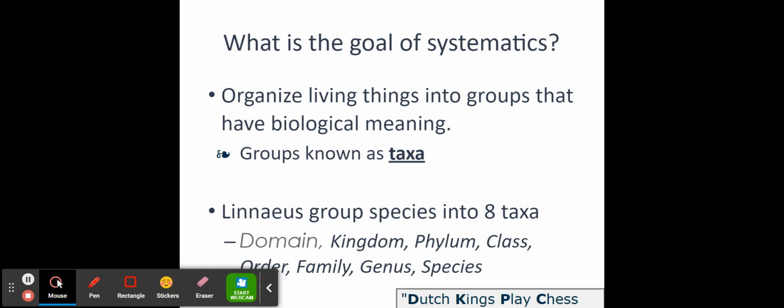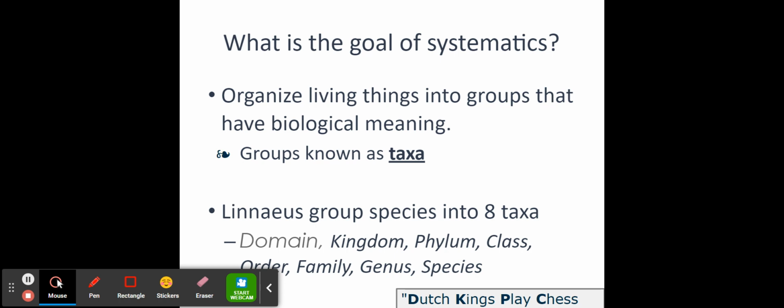So we want to put them into these 8 main taxa to classify what specific organism we're talking about. The 8 taxa that we categorize all living things into start with the domain, which is basically what type of cell does it have? Is it prokaryotic or is it eukaryotic?